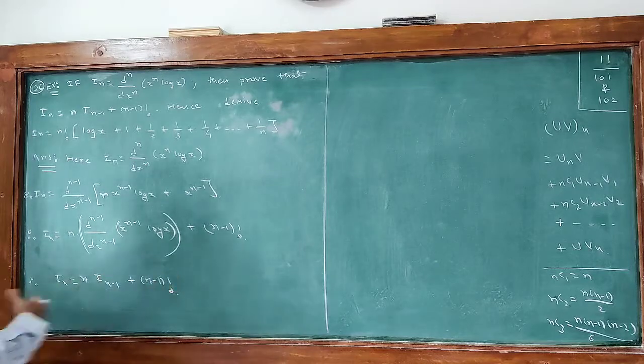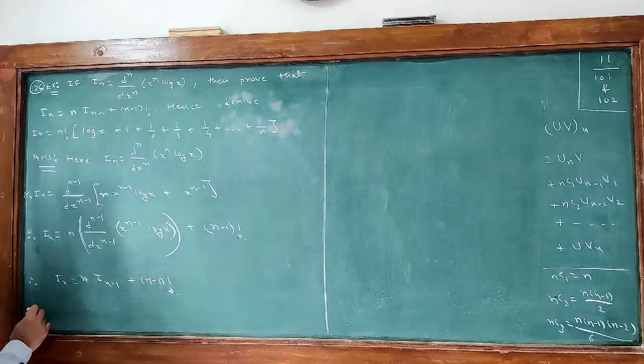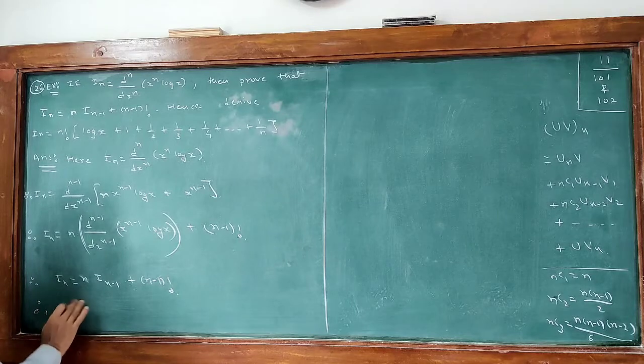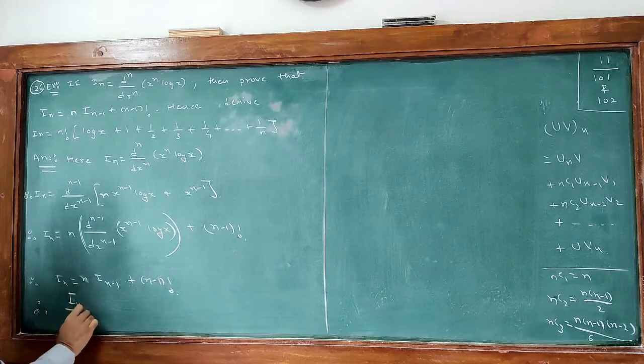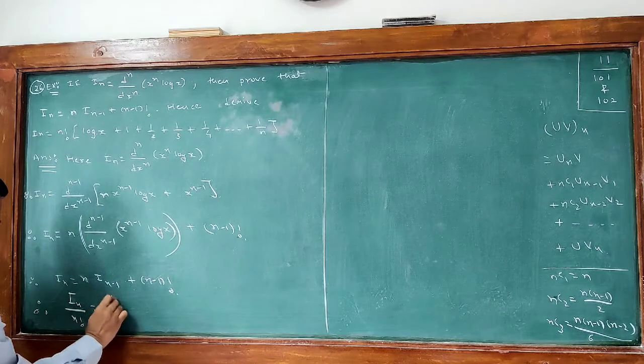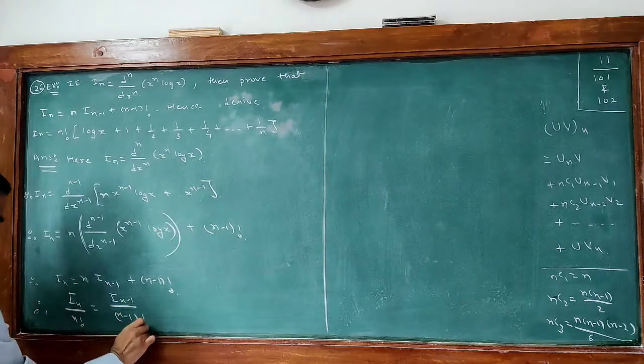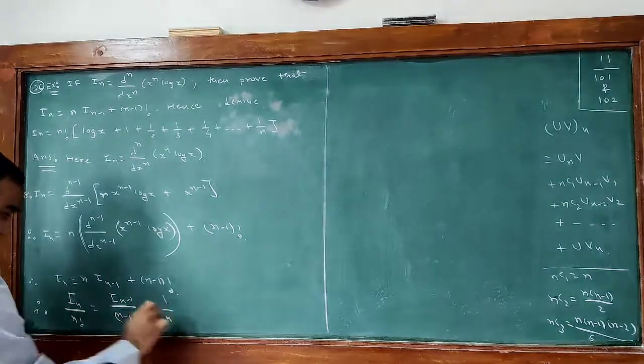Now we divide this equation by n!, and therefore we have I_n/n! equal to I_{n-1}/(n-1)! plus 1/n.